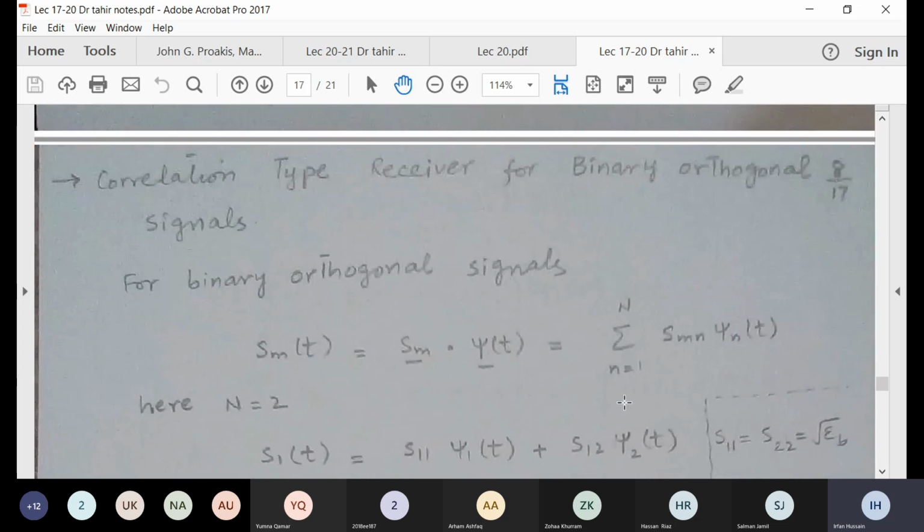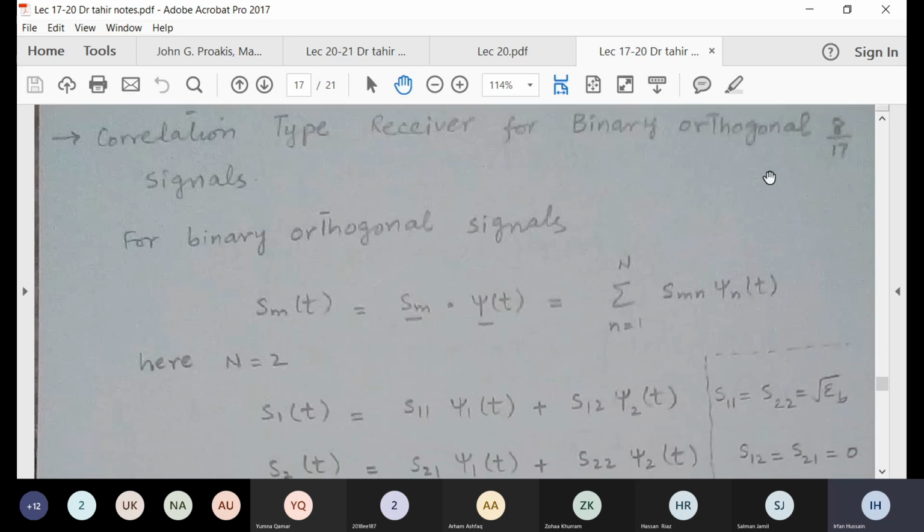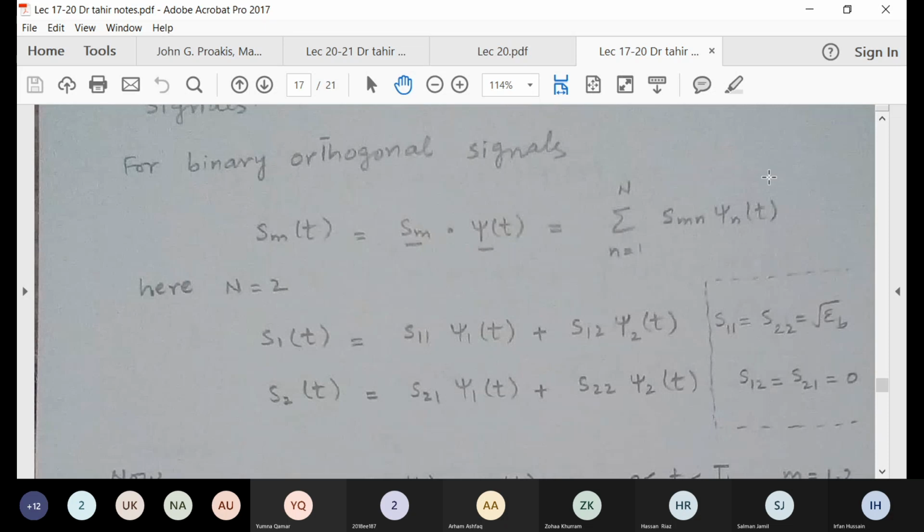Next, we study the same correlation type demodulator, but this time we use binary orthogonal signals. Binary orthogonal signals can again be given in terms of basis functions, and normally we choose the basis functions such that the cross terms S12 and S21 are 0.